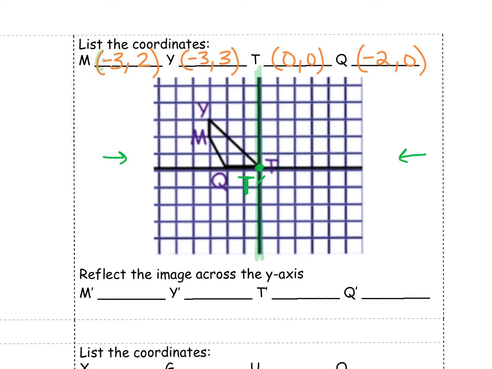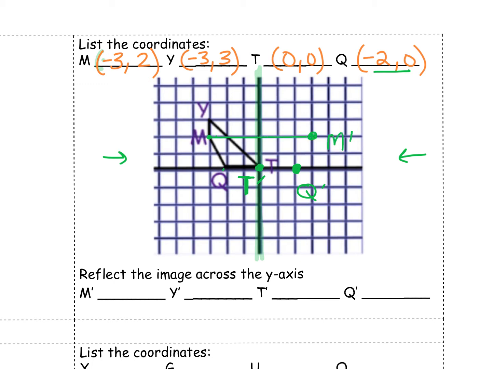Q was at negative 2, 0. And when I flip it over that line, it needs to be reflected in the same spot on the other side. Q prime. M is going to be reflected over my highlighted line. It's 3 units away from that line, so it needs to be 3 units away from that line on the other side.